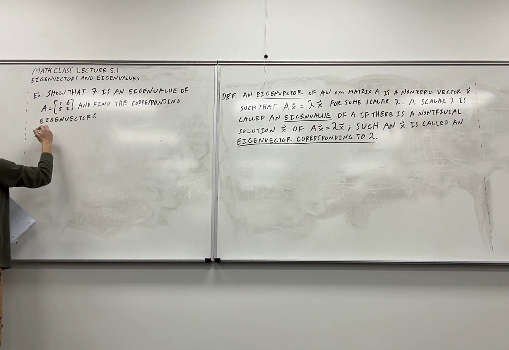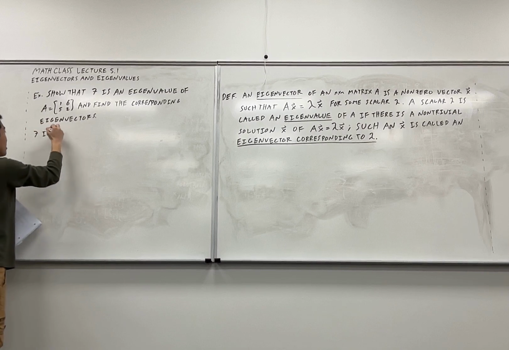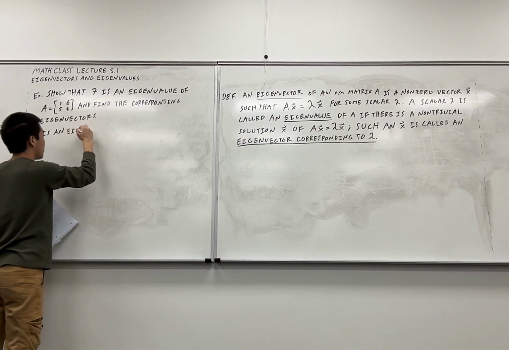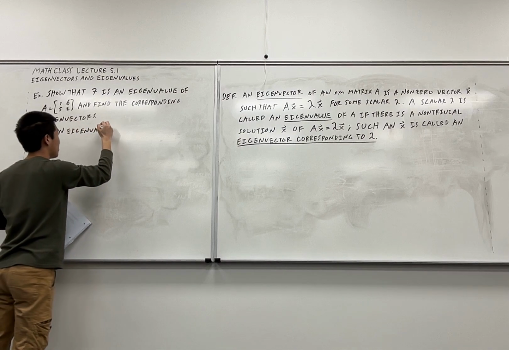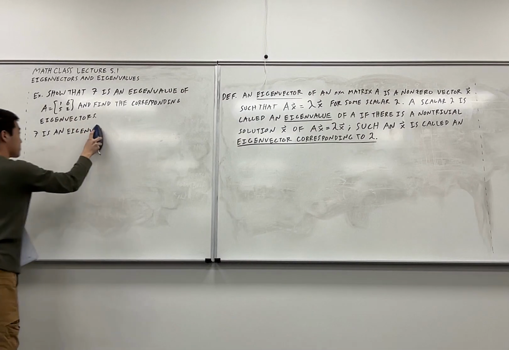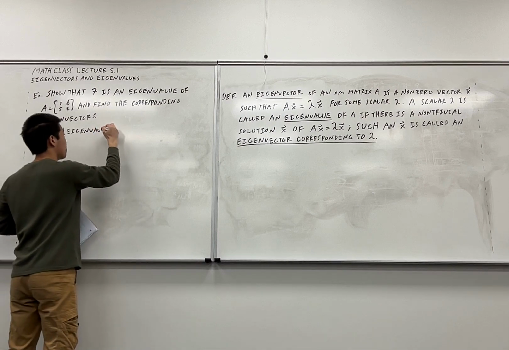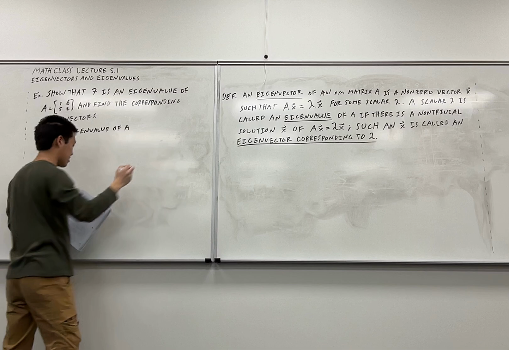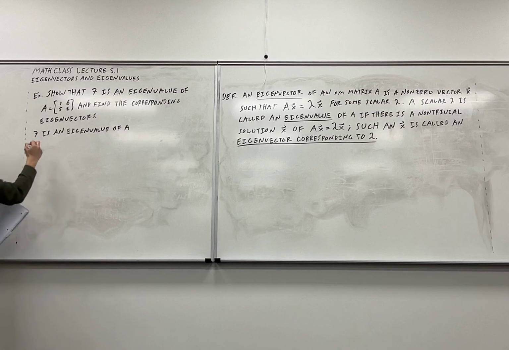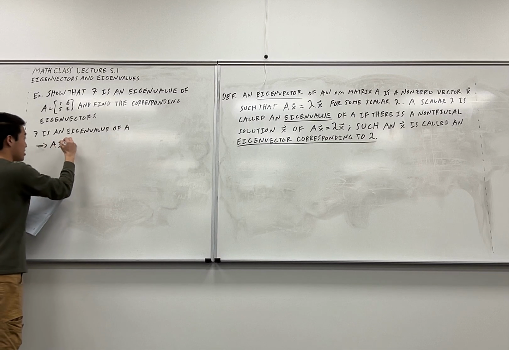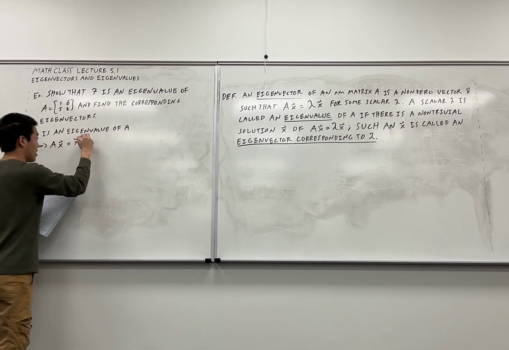The very statement itself that 7 is an eigenvalue logically implies by definition that Ax is equal to 7x.